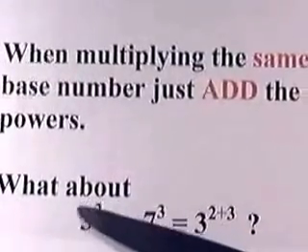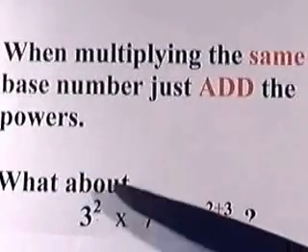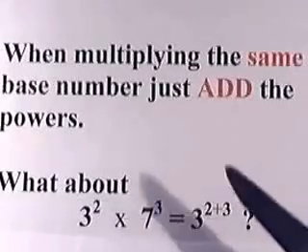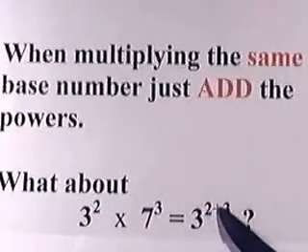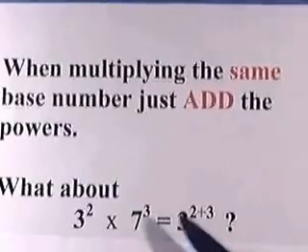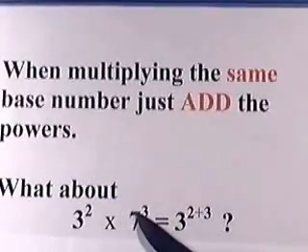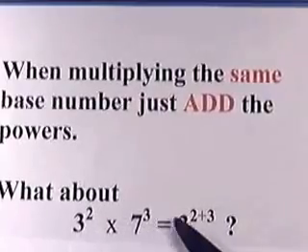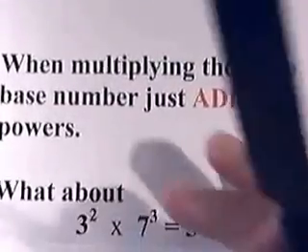What you would have to do is work out this separately, work out that separately, and then multiply your answers. But just adding the powers makes no sense whatsoever, because these base numbers 7 and 3 are different. So never do a thing like that.